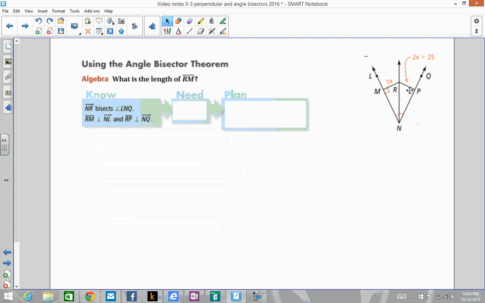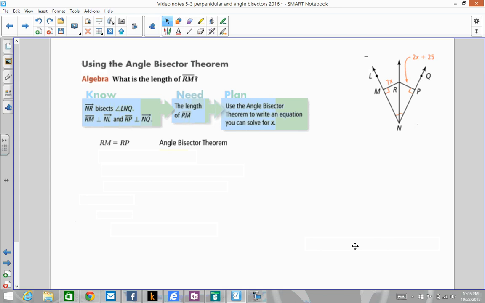So we know we got these perpendicular marks. We've got a bisector. Well, what do we need to know? We need to know the length of RM, because that's what this question asks. So if these segments are perpendicular to the sides of the angle and we have an angle bisector, then we know that we can write an equation for solving for that. And we know that RM is going to be equal to RP.